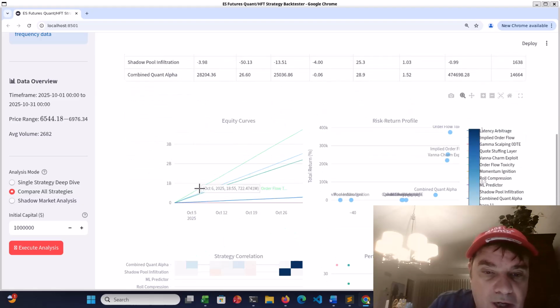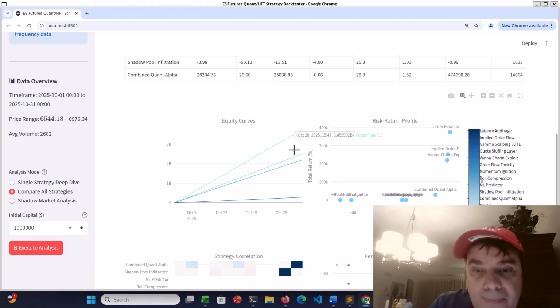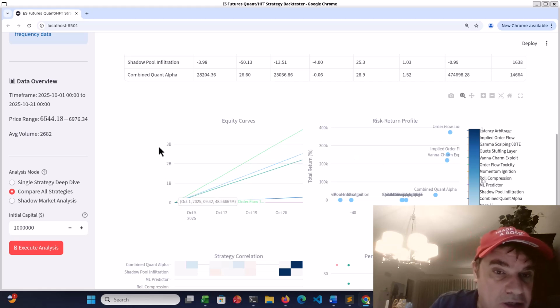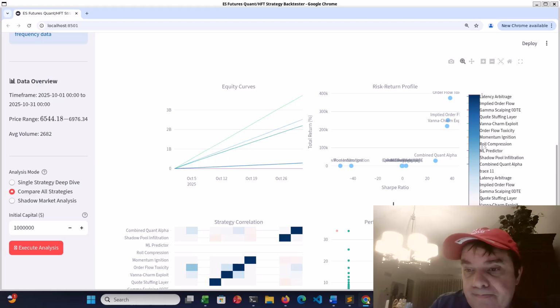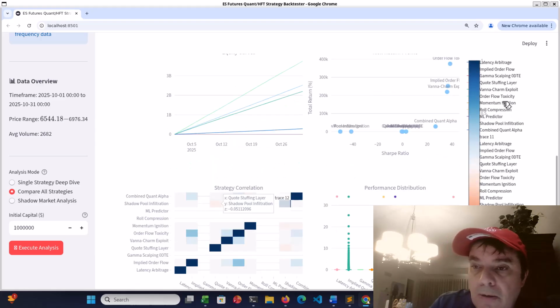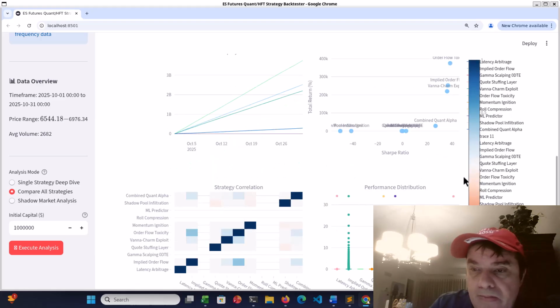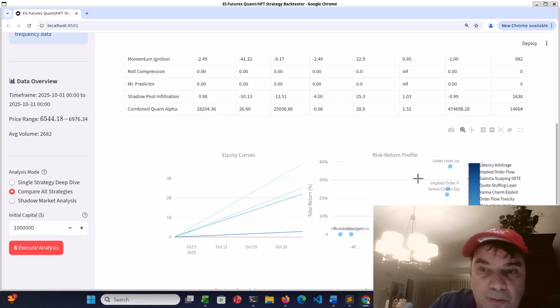So here we've got these different strategies that are giving a decent return, like pretty good, of equity curves. I don't know if it's 8 times or percentage. There's just so much data here.